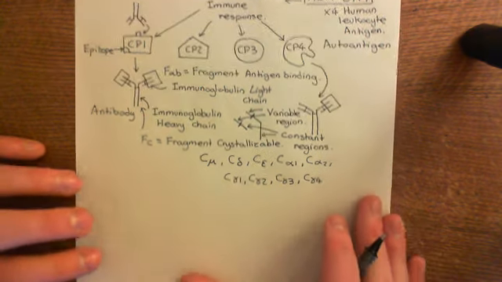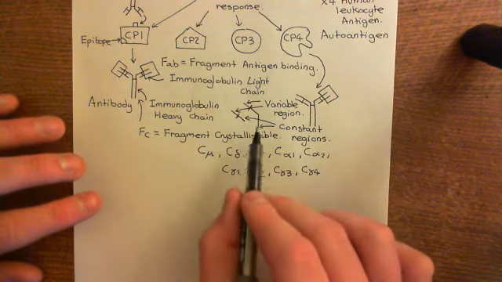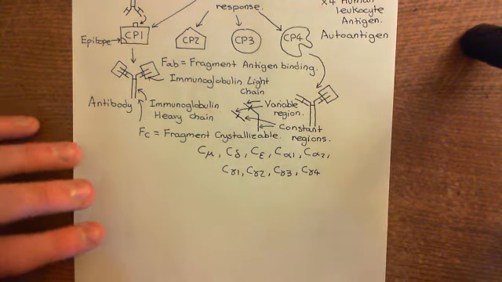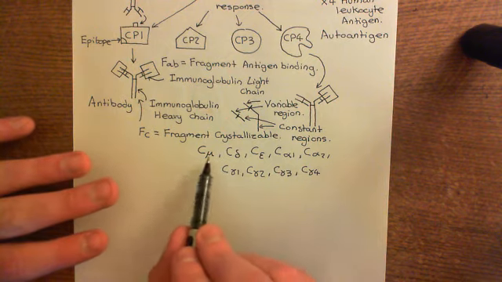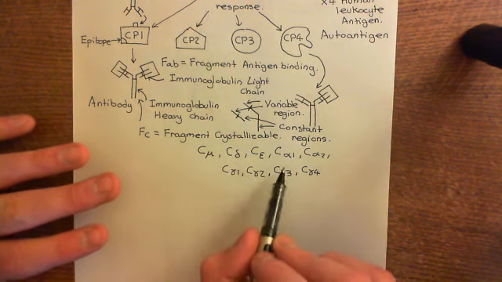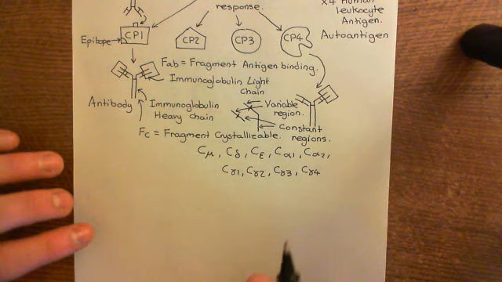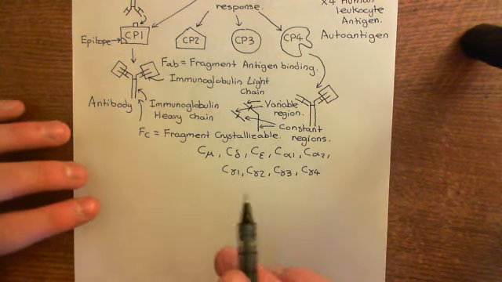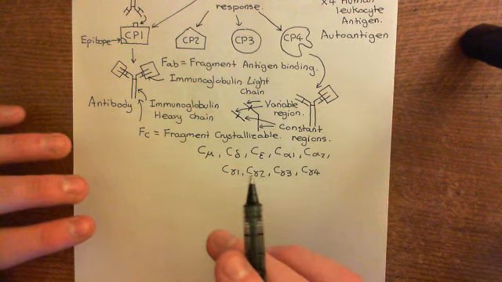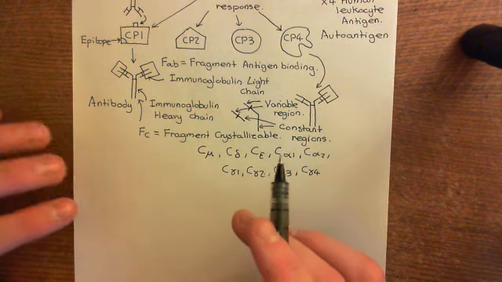So these are the 9 different immunoglobulin heavy chain constant regions that you can use. Now, which of these constant regions you use for the immunoglobulin heavy chain will determine what type of antibody you are deemed to be.